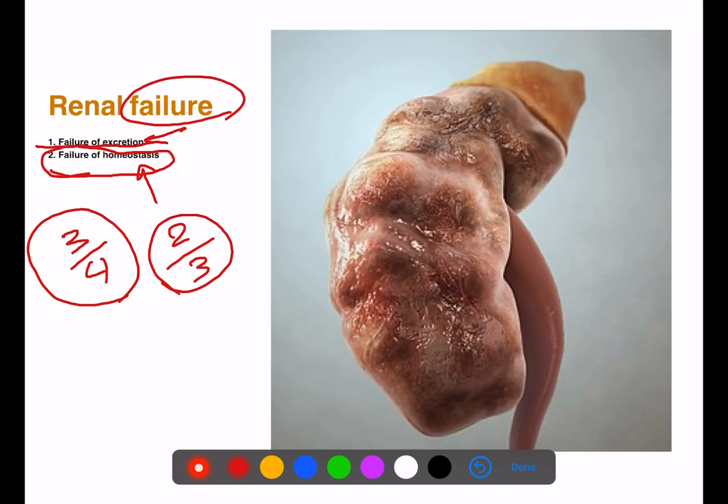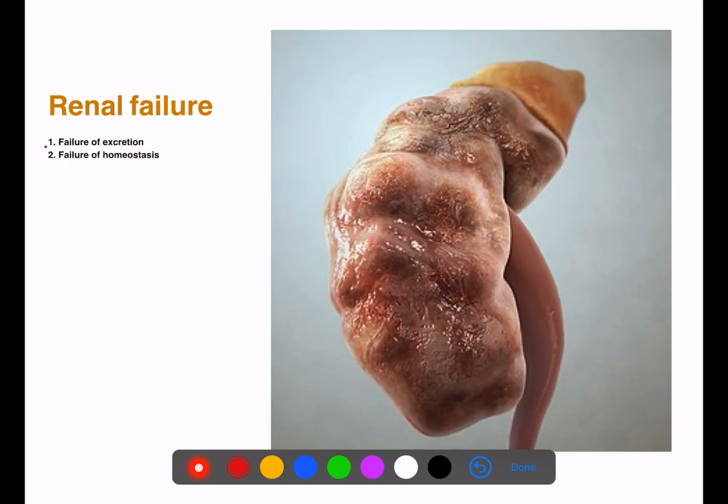As we said before, excretion failure means glomerular failure, and homeostasis failure means tubule failure.